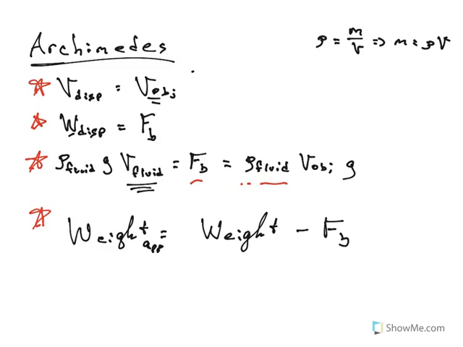They're all kind of combined together, they all relate to each other, and you use these four relationships on the problems that you'll be working on. Each relationship is very simple. Volume of the object is equal to the volume displaced, and so on. But there are four relationships, and you have to worry about all four when solving these problems.